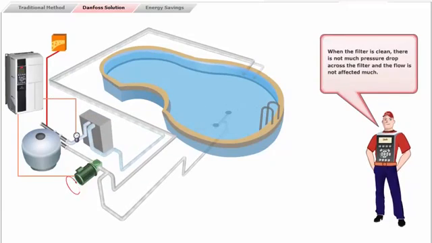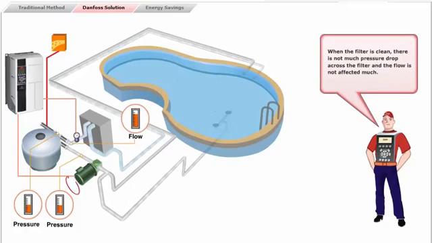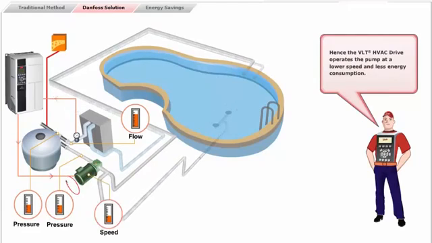When the filter is clean, there is not much pressure drop across the filter, and the flow is not affected much. Hence, the VLT HVAC drive operates the pump at a lower speed and less energy consumption.